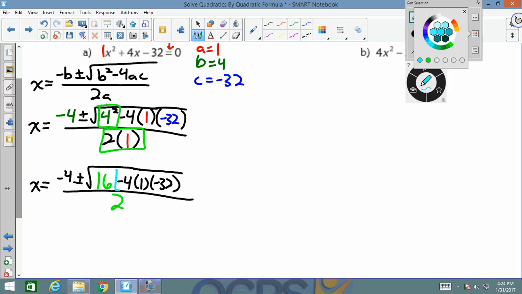Then we're going to take this part right here and multiply it all together. So it's x equals negative 4 plus or minus the square root of 16. So we do negative 4 times 1 times negative 32, gives me positive 128.